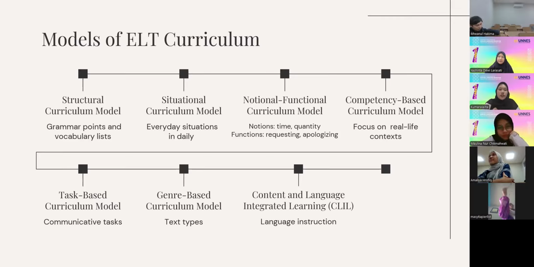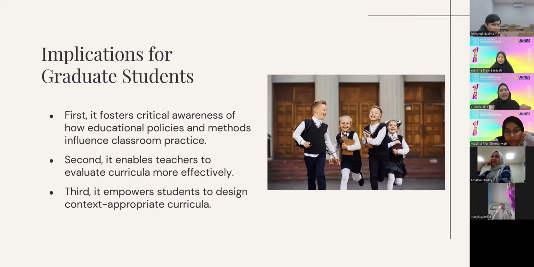And the task-based curriculum model is communicative task. Genre-based curriculum model is about the text type, like the narrative text, descriptive text, and so on. And content and language integrated learning is learning instruction. That's all.